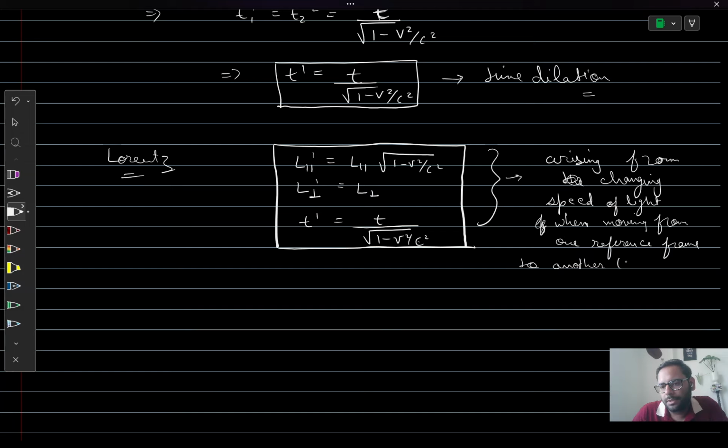It should be an inertial reference frame.